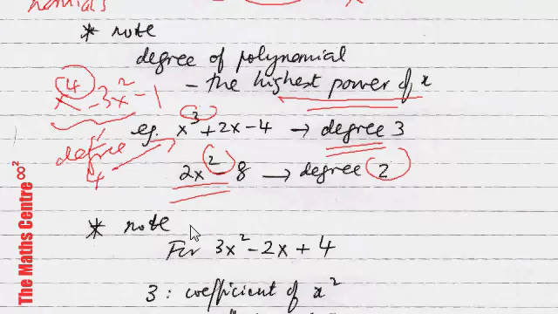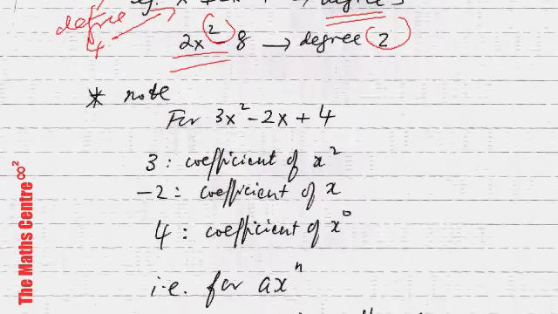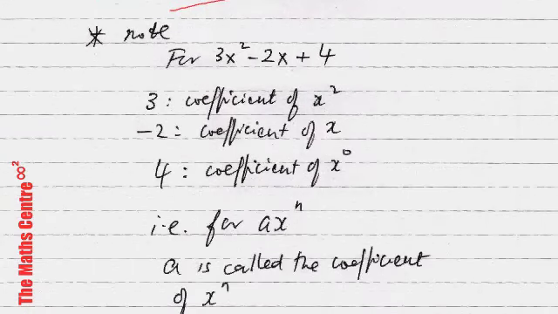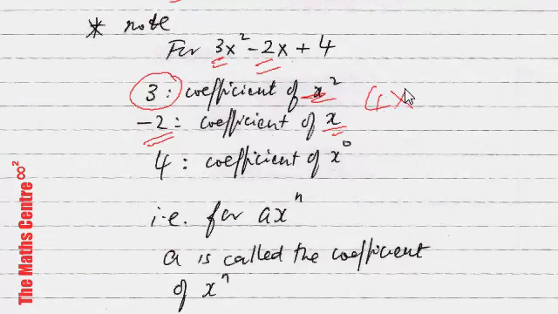Now, next, let's look at what is the coefficient in a polynomial. If you have 3x squared minus 2x plus 4, 3 is the coefficient of x squared, negative 2 is the coefficient of x, and the coefficient of x to the power of 0 is 4, simply because 4x to the power of 0 is 4.